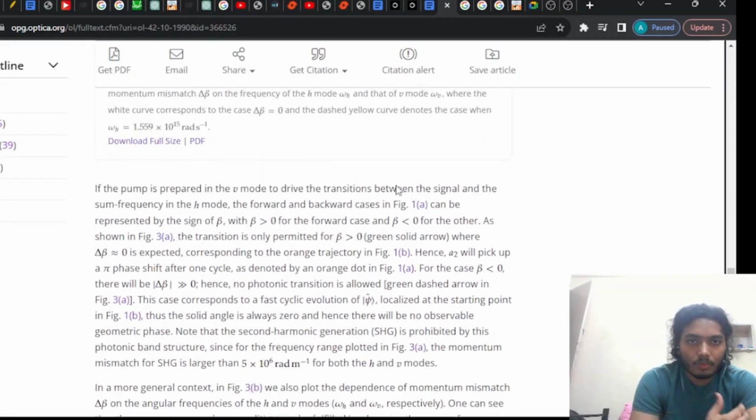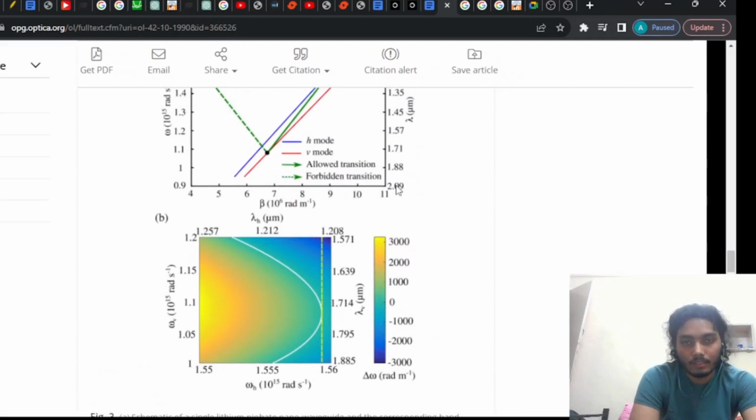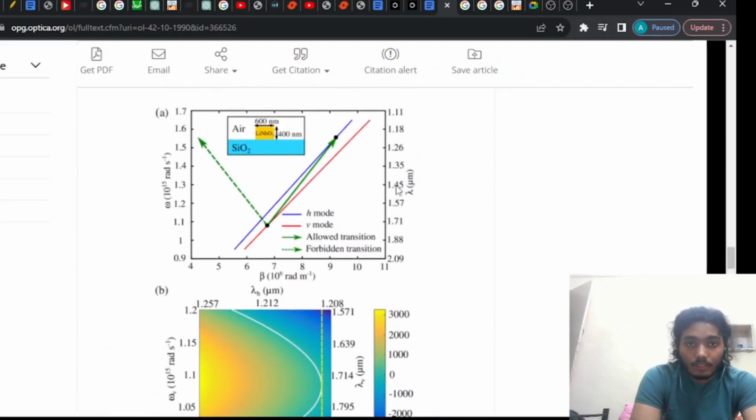So what does this signify? This signifies the importance of phase matching, that this selectivity represents how important phase matching is, and phase matching is also there in reciprocity.